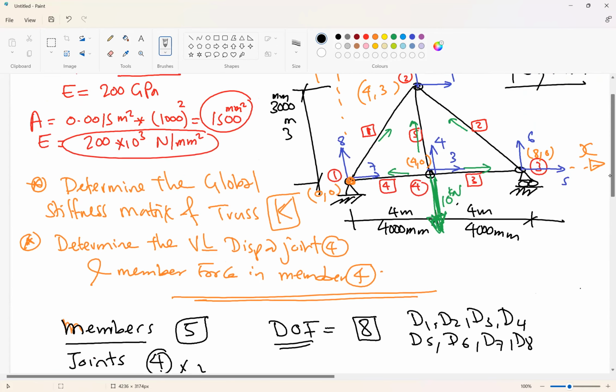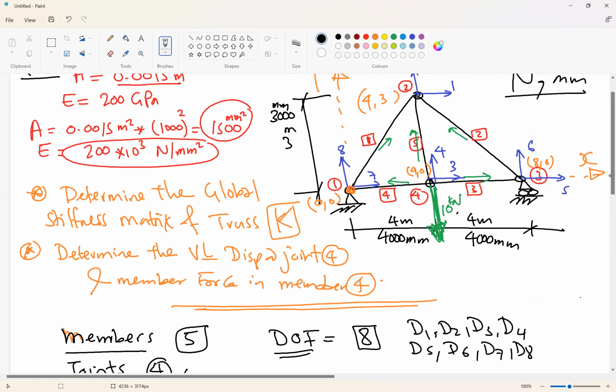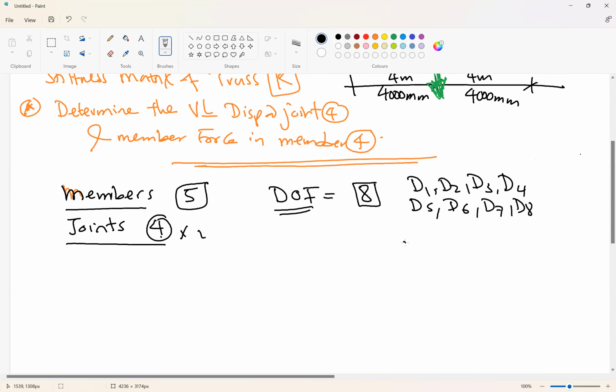What do we know from our supports? We have 2 supports here and here, right? So we have here 1, 2, 3, 4.